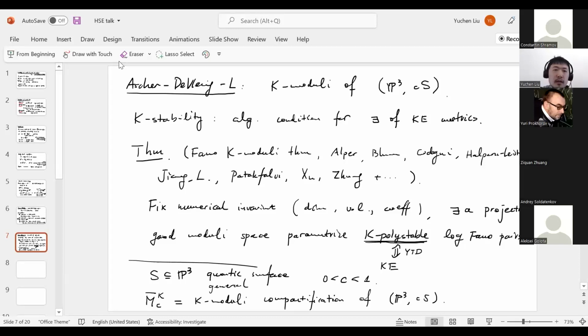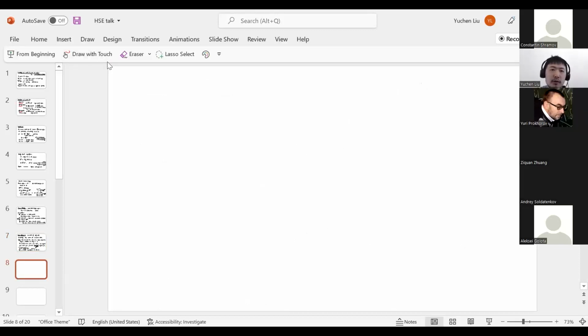So one thing I want to note here is that this moduli space always contains the locus of ADE singularities, and actually it contains more. So this follows from interpolation of K-stability. Pretty much, for K-stability, you know that it is defined using the so-called Futaki invariant, and the Futaki invariant is linear in the coefficient of the divisor.